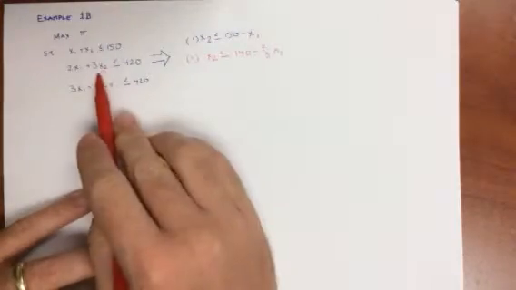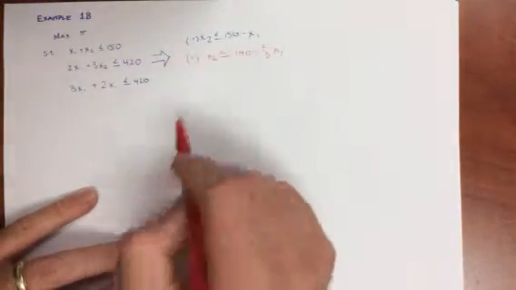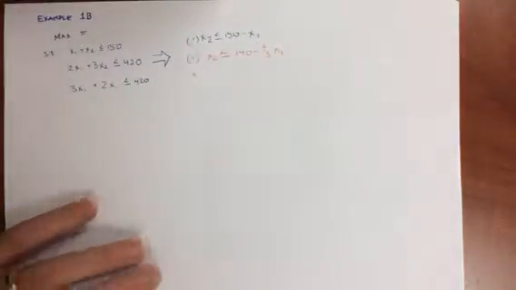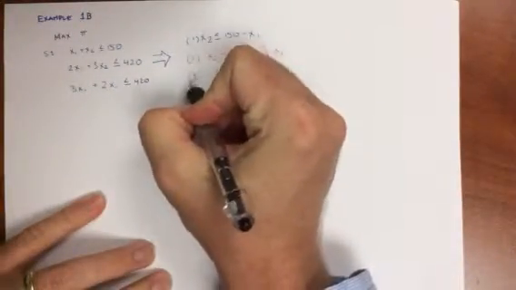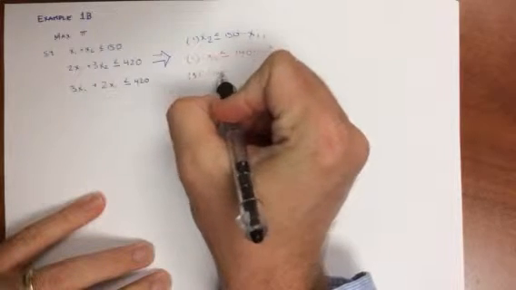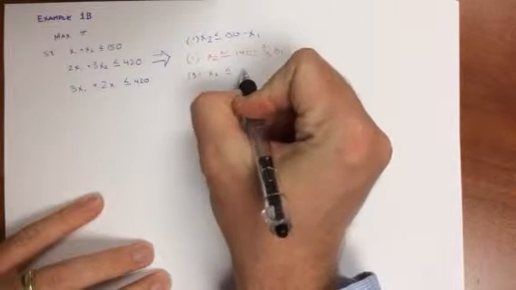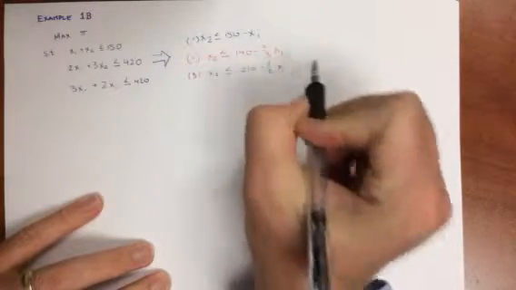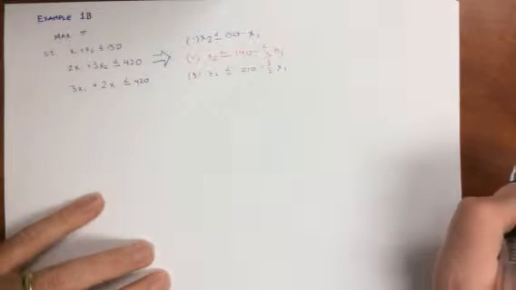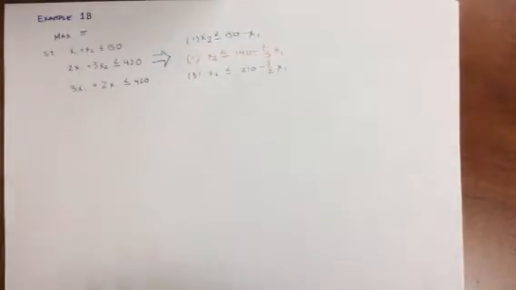I just solve for x2 and bring everything else to the right. The next constraint, we'll have this be the black constraint, is x2 is less than or equal to 210 minus 3/2 x1.